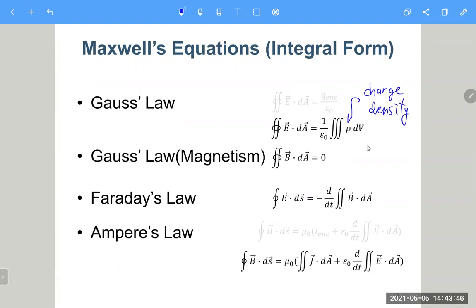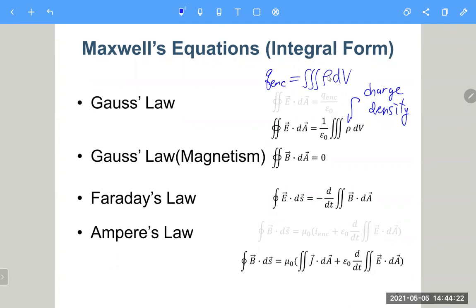So here we can also rewrite Q enclosed to be a triple integral of the charge density. If the charge density is not uniform, we really need this triple integral. It is like you try to separate the space into 3 dimensions, and then for each small dV, we will assume that the rho is uniform in a very, very small space.